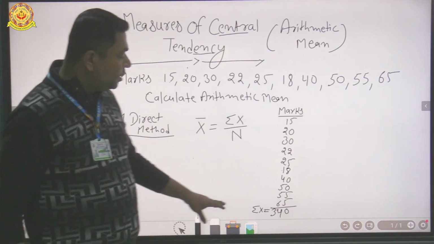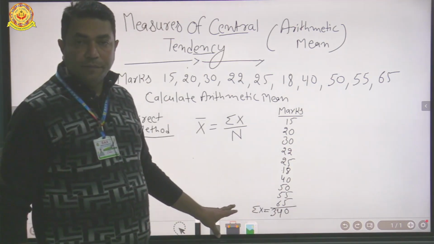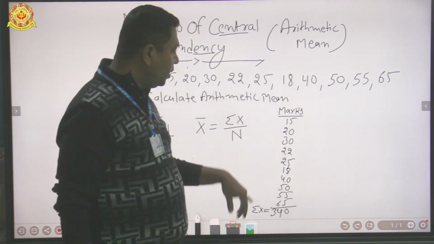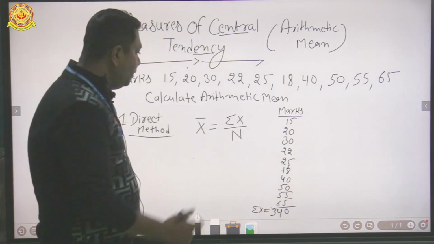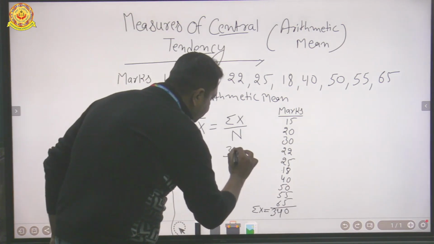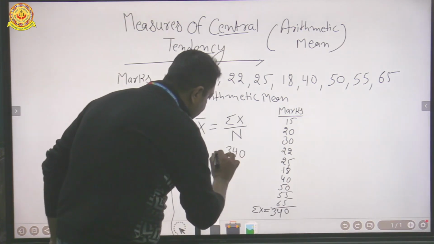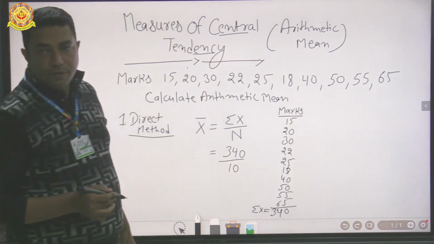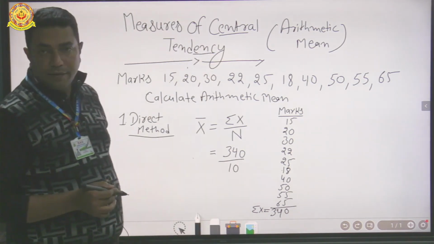So sigma x we have calculated as 340. Now put the values in the formula. Sigma x is 340, and the number of items in this series is 10.